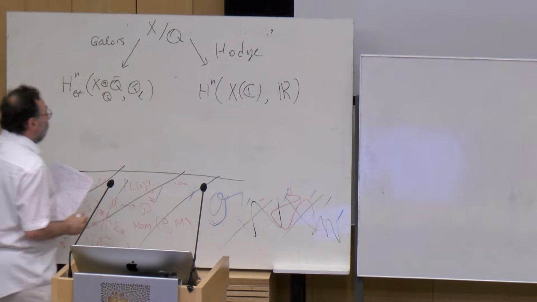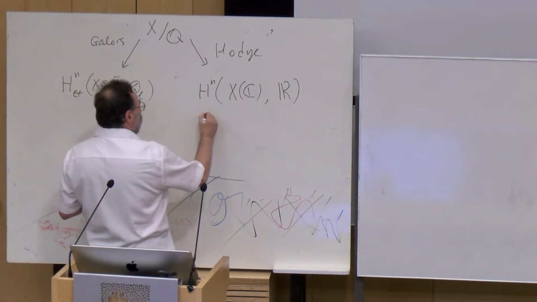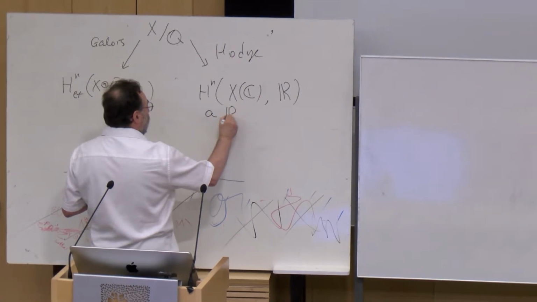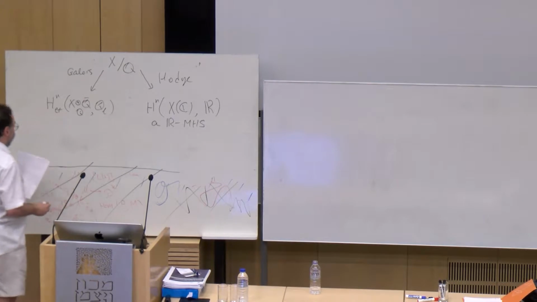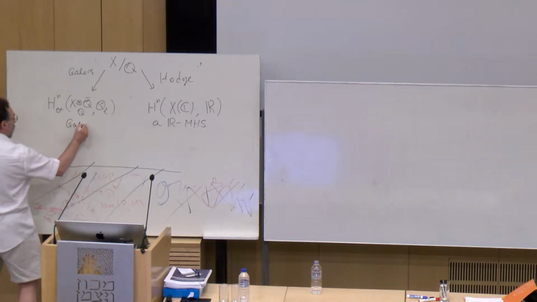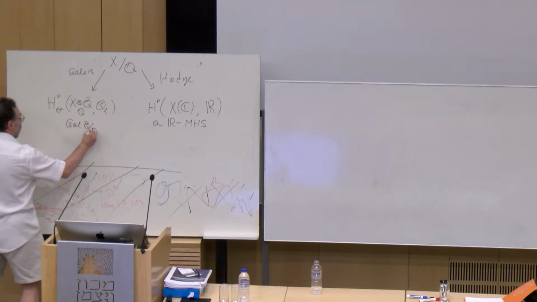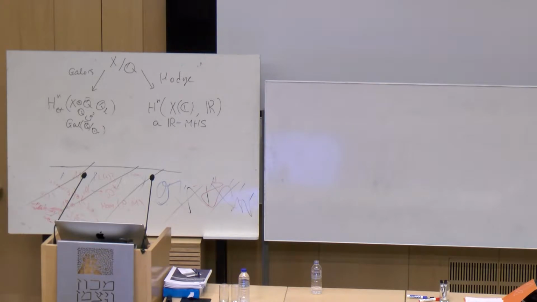You take the set of complex points of this variety, and you consider n-dimensional cohomology, let's say with real coefficients. And then 2 things happen. First of all, here on the right, we know that this is an R mixed Hodge structure. And here we know that the Galois group of Q-bar over Q acts on algebraic cohomology. Now, if you assume for a second that X is actually smooth and projective, then we can say more.